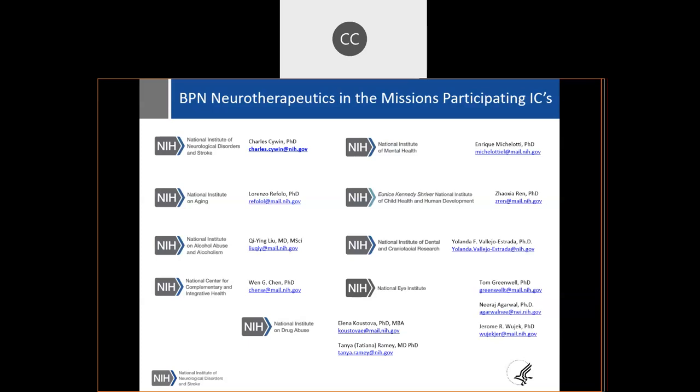So I think if you are in that space, it doesn't have to be just CNS, it's neurotherapeutics. So some peripheral targets are already being pursued within our program.